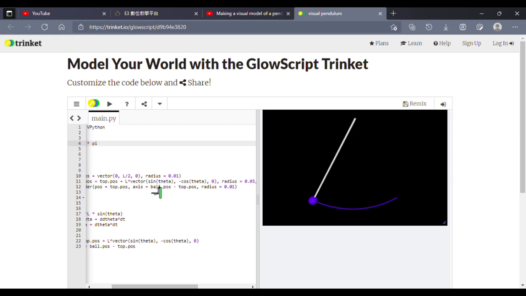So it extends from the position of the top to the position of the ball, and its radius is 0.01.